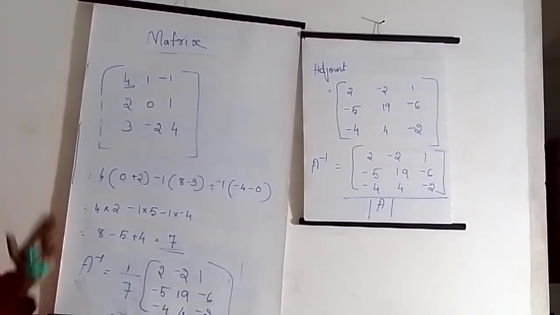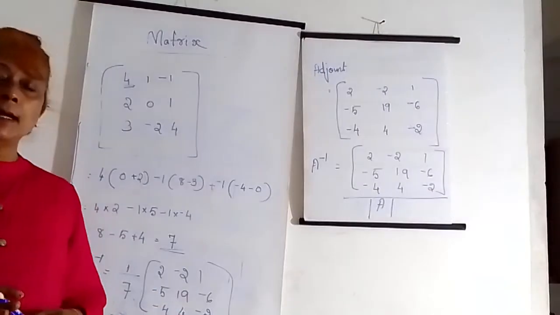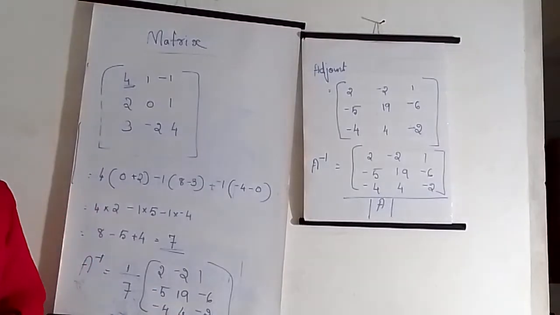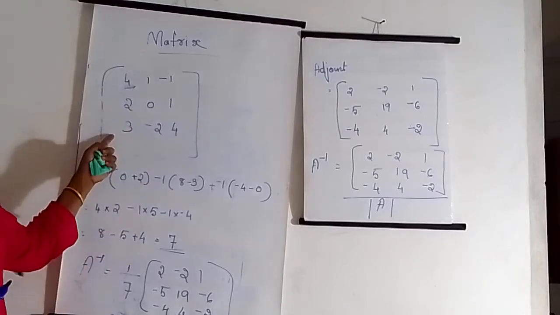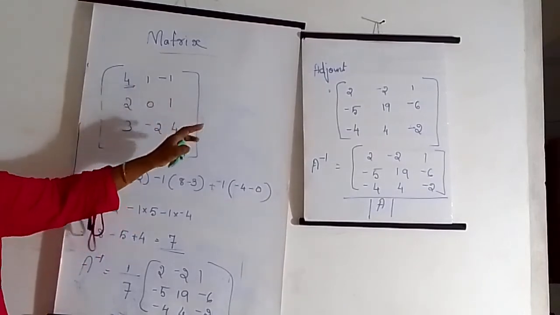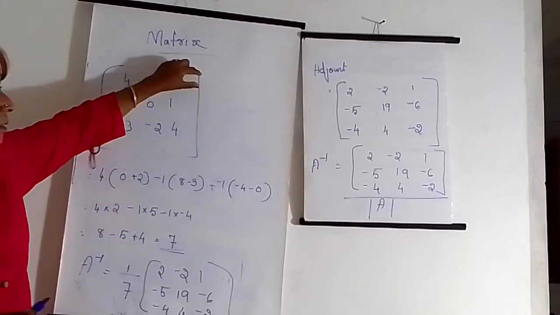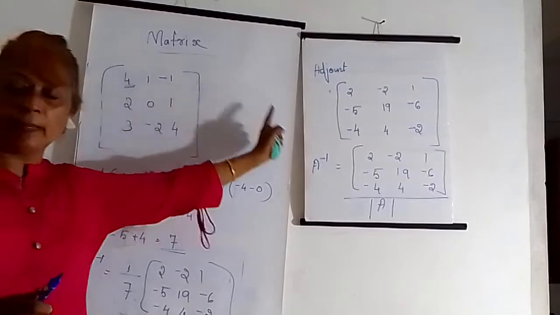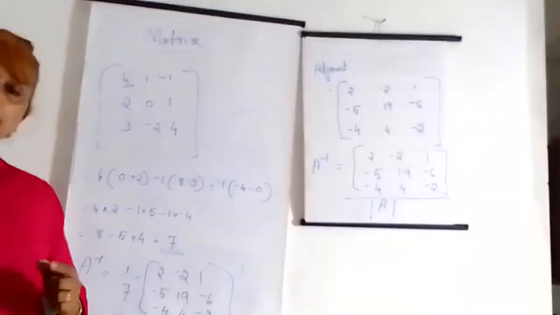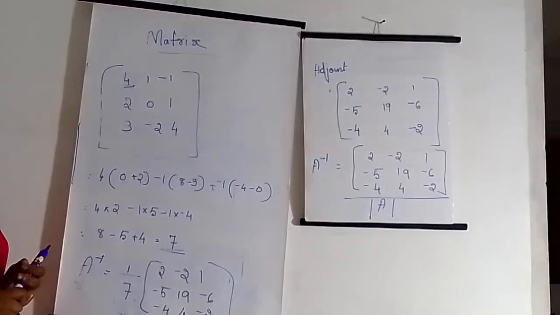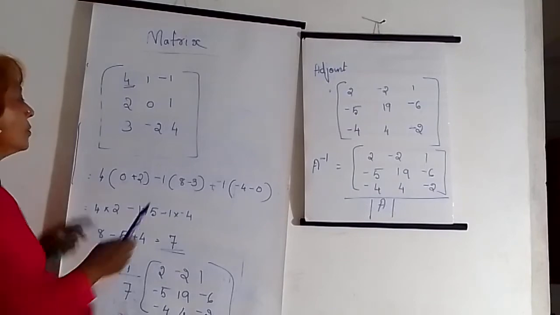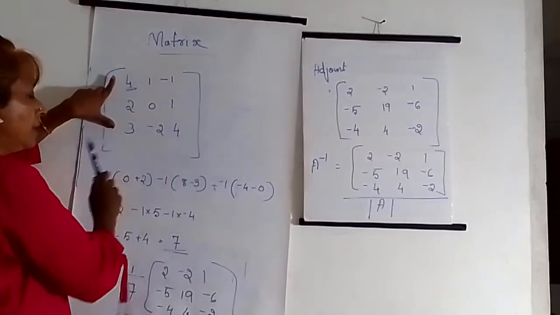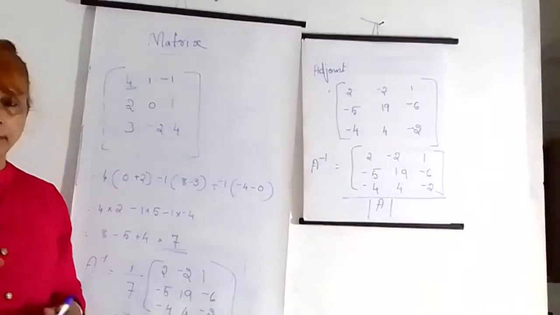And then another method we are going to find is using the augmented matrix. What is an augmented matrix? Now, this matrix should be taken. Augmented matrix means we put some dots here, and then the unit matrix for this one should be taken on the right side. Our aim is to change the matrix on the left side into an identity matrix.